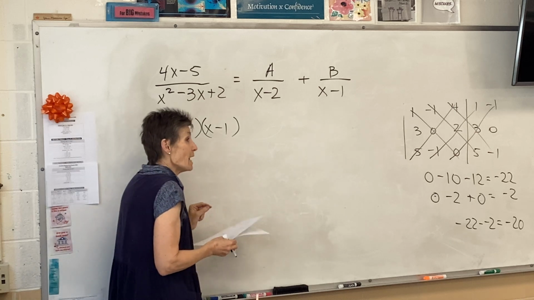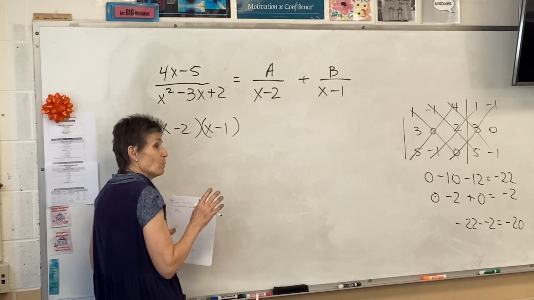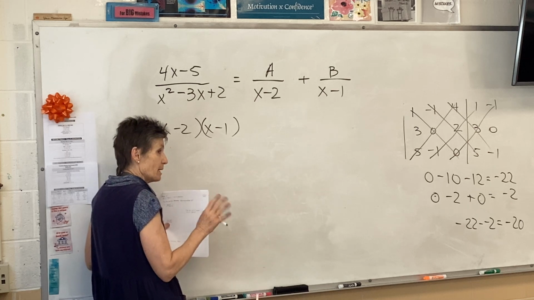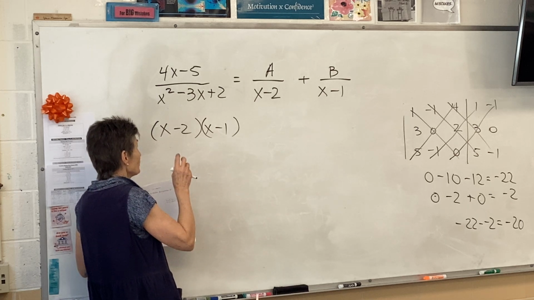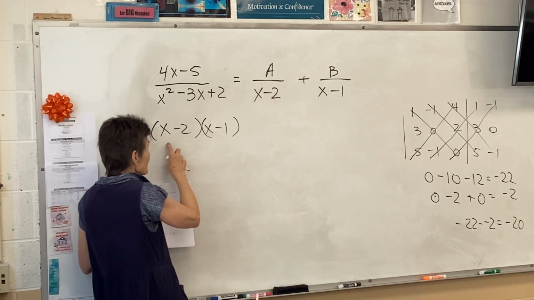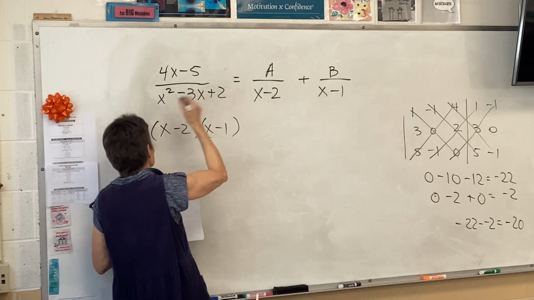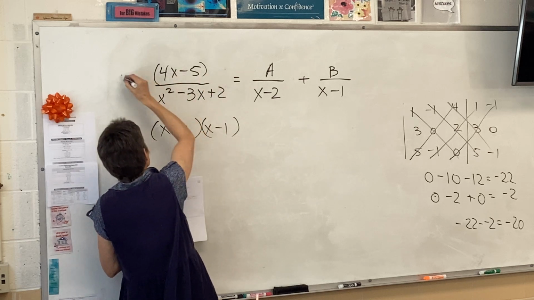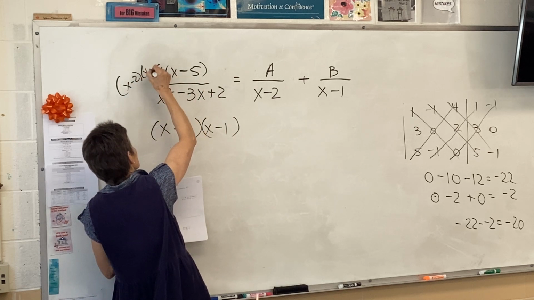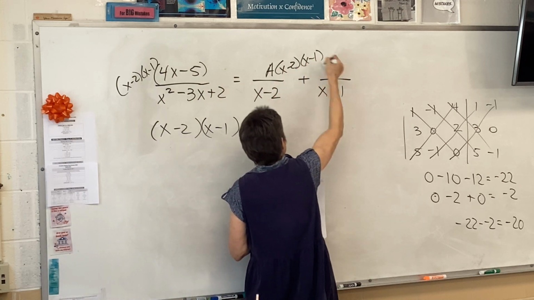Okay, so now we're going to get rid of the denominators. We want to get rid of all the denominators. So we are going to multiply each fraction by x minus 2 and x minus 1. Now, you don't have to write this down, but for the benefit of the people who may need to see it, I'm going to write it down. You can do this in your head.